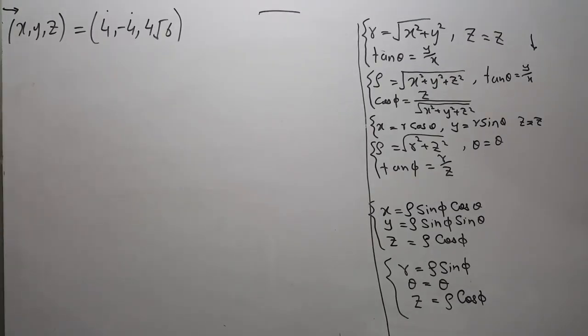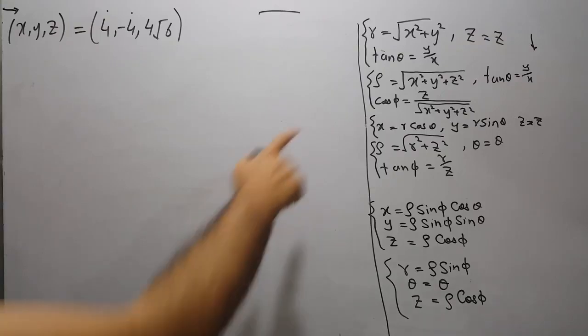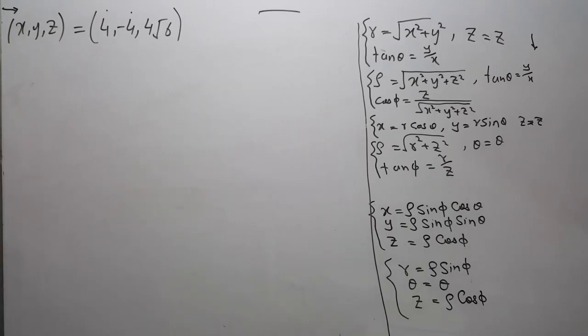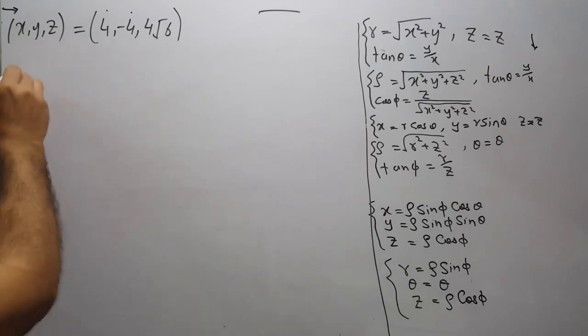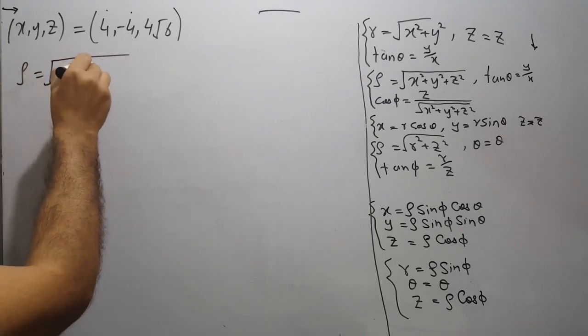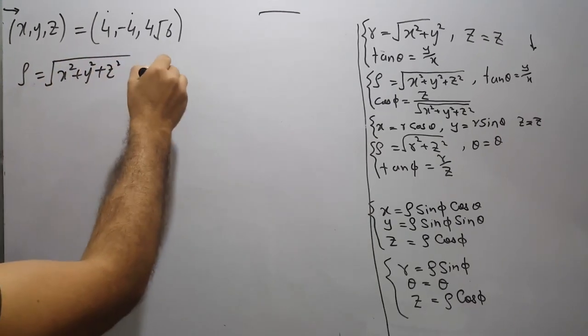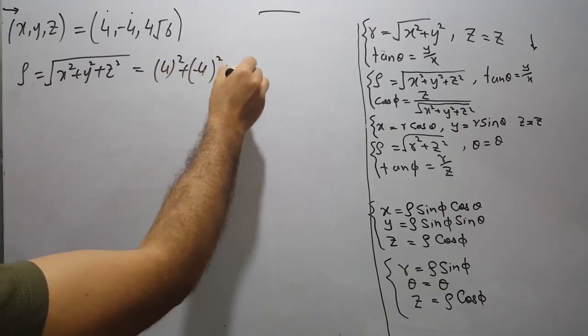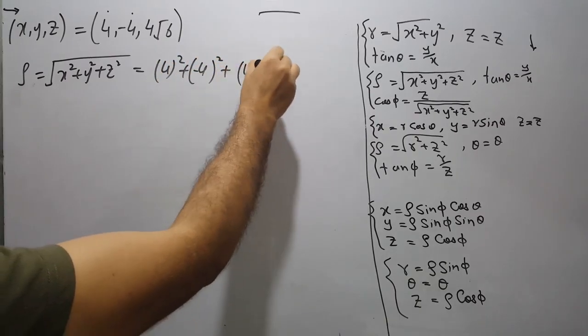Now to transform this into spherical coordinates, we need rho, theta, and phi. So rho is equal to the square root of x square plus y square plus z square. We have 4 square, minus 4 square, and 4 square root 6 whole square.